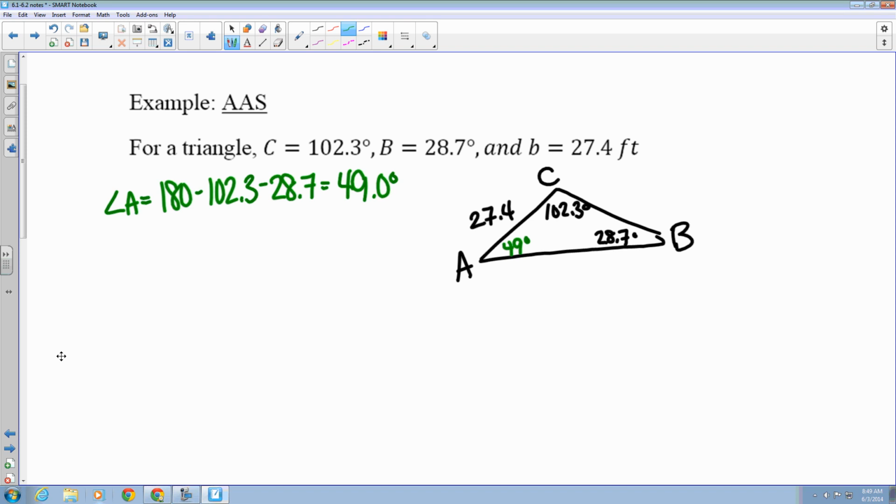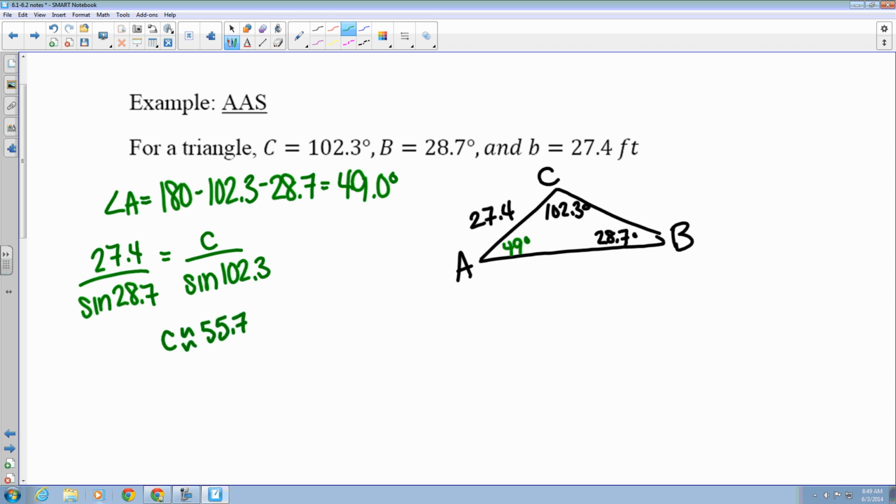Now I have the pair of the 2 B's. So if I'm trying to solve for a side, I generally want to put the side on top. So side B, 27.4, divided by the sine of angle B, 28.7, equals, let's go with the angle that we knew first, so side C over sine of 102.3. If I go through and solve for side C, I would get about 55.75, and this is in feet.